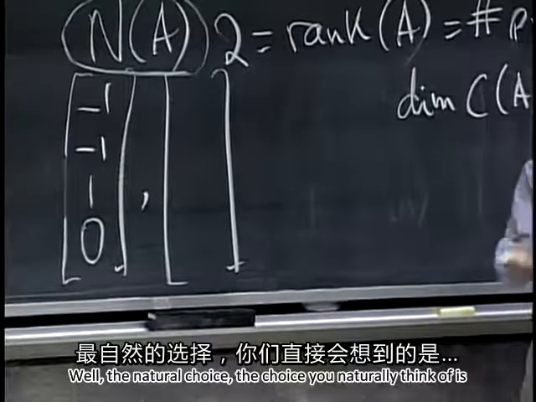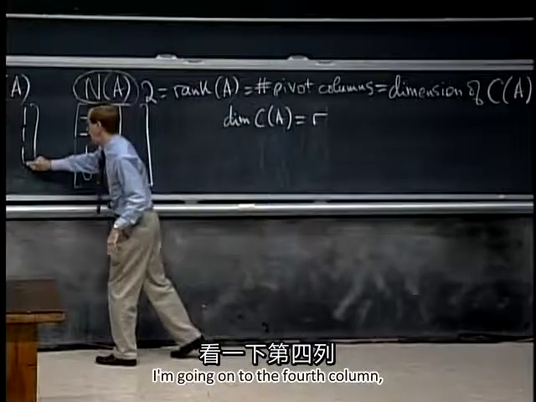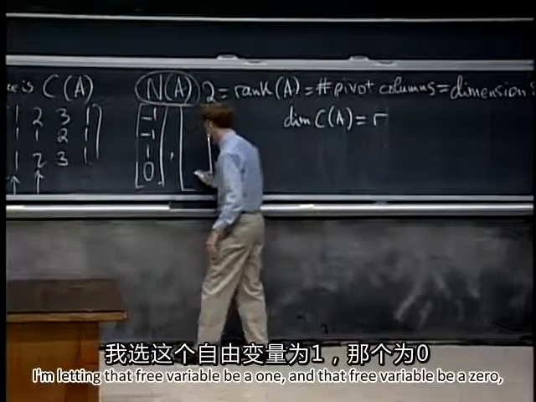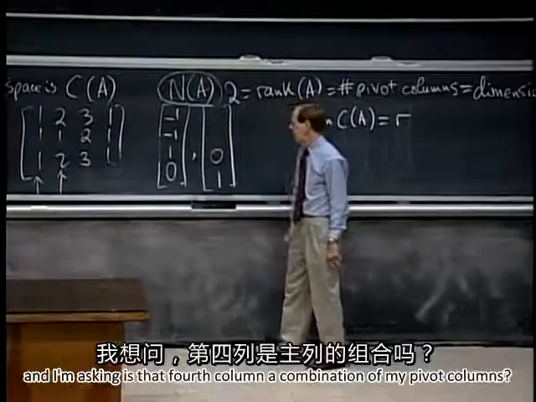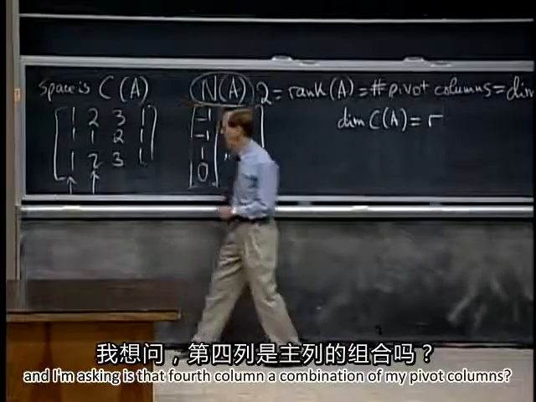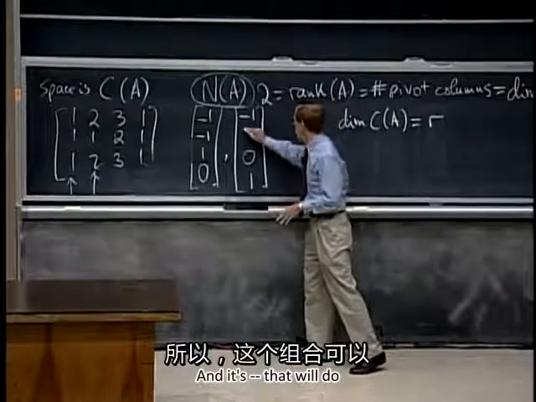Well, the natural choice, the choice you naturally think of is, I'm going on to the 4th column. I'm letting that free variable be a 1 and that free variable be a 0. And I'm asking, is that 4th column a combination of my pivot columns? Yes, it is. And that will do.